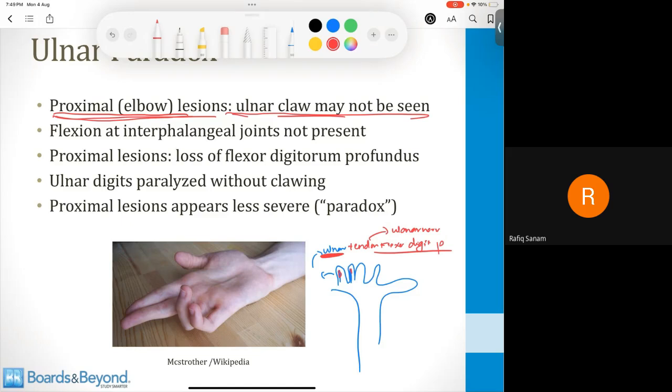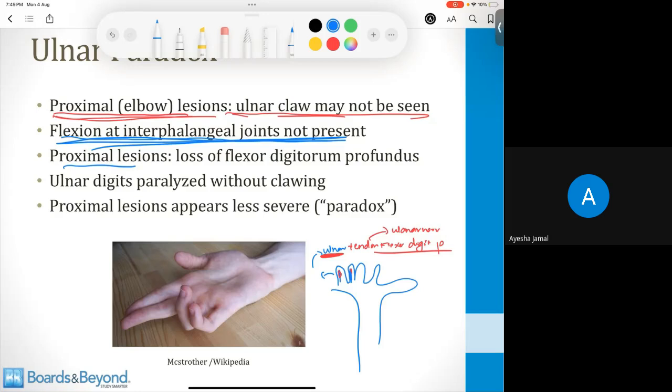The ulnar claw is mainly due to the loss of function of your lumbricals. Am I right? The flexion at the interphalangeal joints may not be seen, right?